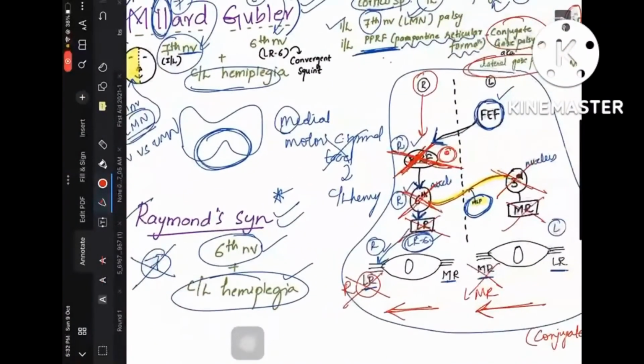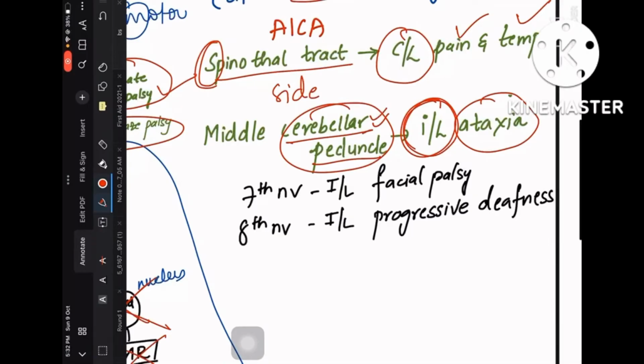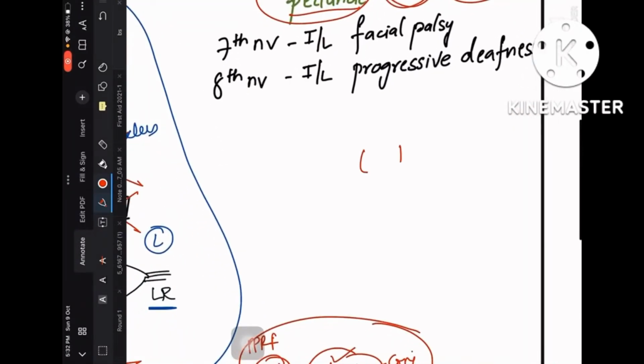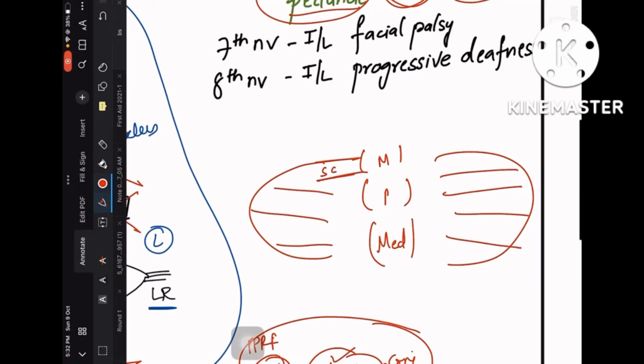But here only the peduncle is involved. Whenever the cerebellar peduncle is involved, it's only ipsilateral, not contralateral. See guys, if this is the midbrain, pons and medulla, there is the cerebellum sidewise around this brainstem. For the midbrain and cerebellum, the connection is the superior cerebellar peduncle.